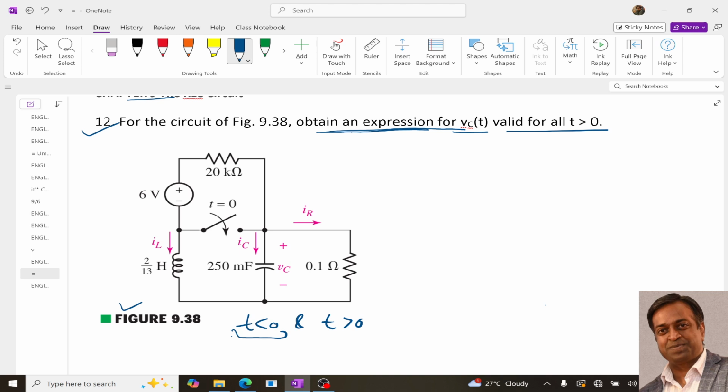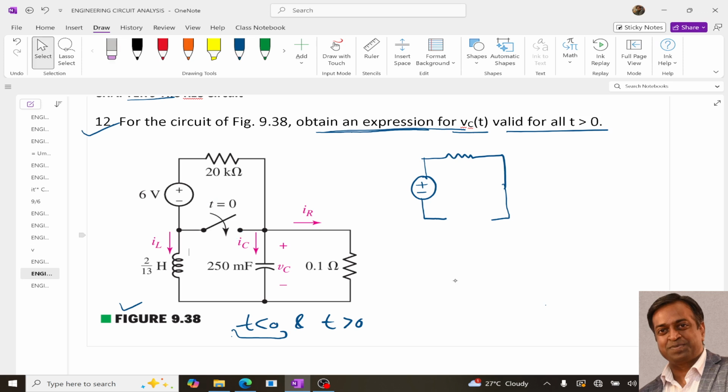t less than 0, our circuit will look something like this. The resistor will remain as it is. At t equal to 0 this switch is closed, so for t less than 0 the switch is open. Now the inductor will be replaced with a short circuit, and this capacitor will be replaced with an open circuit.